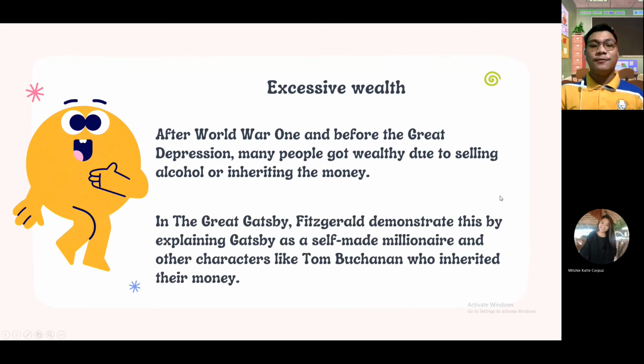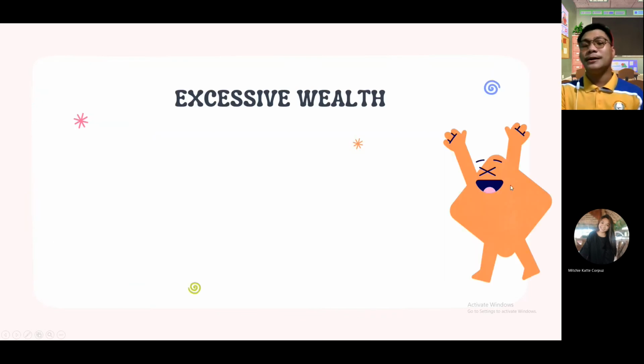In The Great Gatsby, Fitzgerald demonstrates this by portraying Gatsby as a self-made millionaire and other characters like Tom Buchanan, who inherited their money. Here are the lines retrieved from the novel The Great Gatsby.